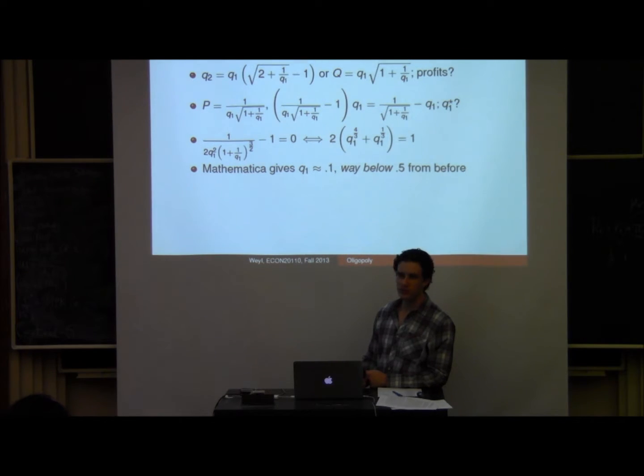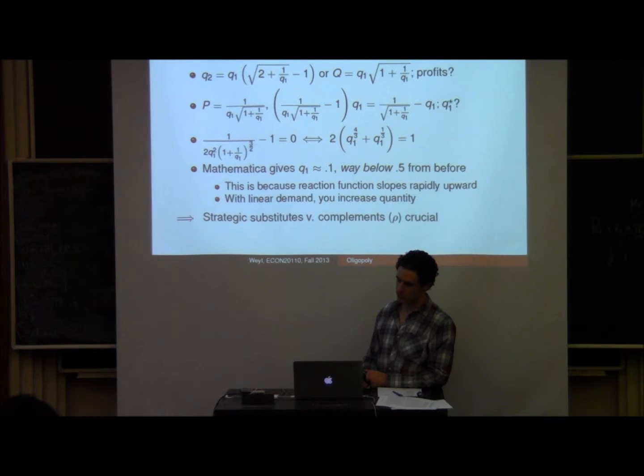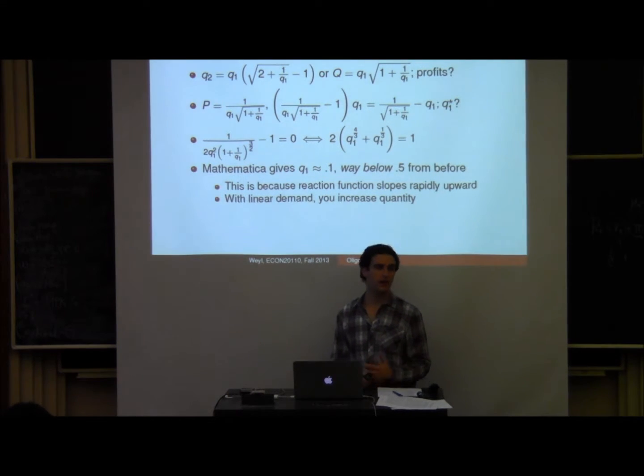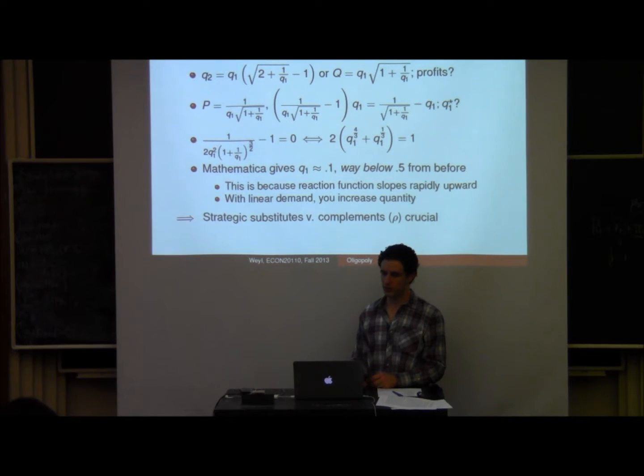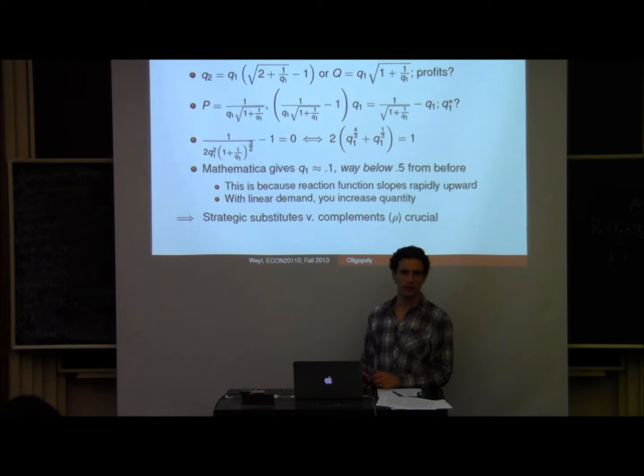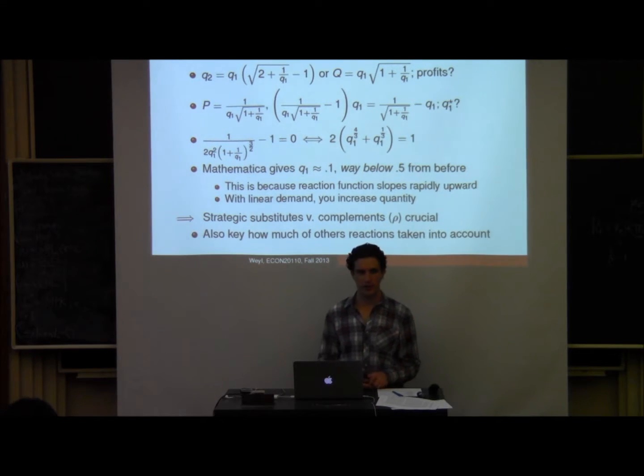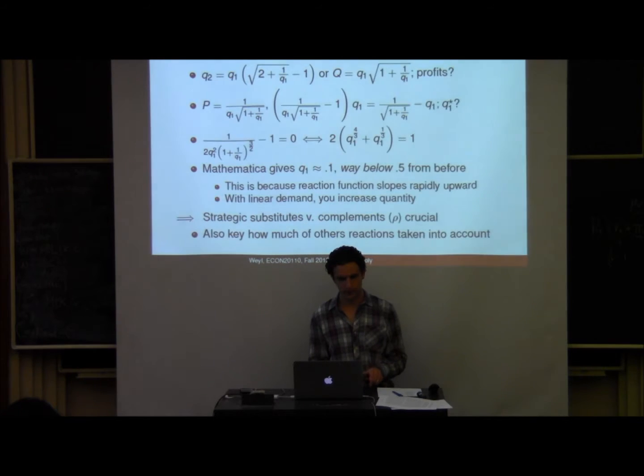So this strategic incentive led the firm to dramatically reduce the quantity that it was producing because there was such a strong upward slope to that best response function we saw, right? On the other hand, with linear demand, you'd increase your quantity, right? So the issue of strategic substitutes versus complements, and therefore of pass-through, is really crucial here to how firms want to choose their quantity.